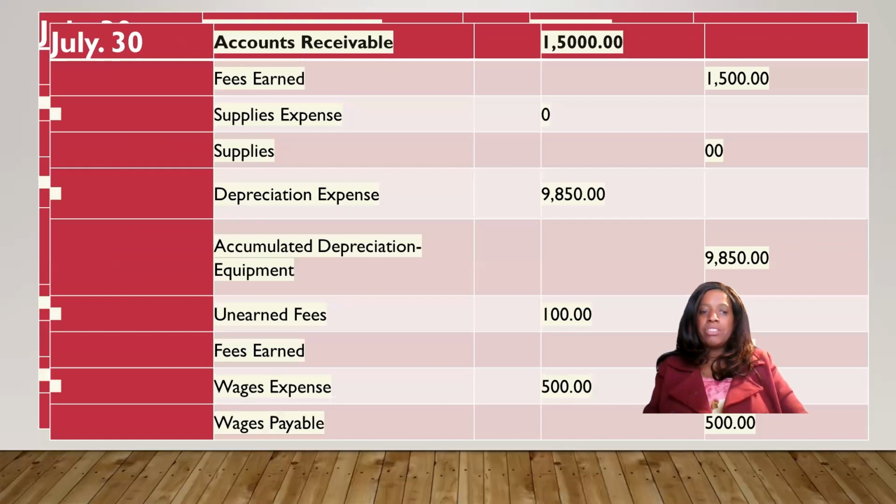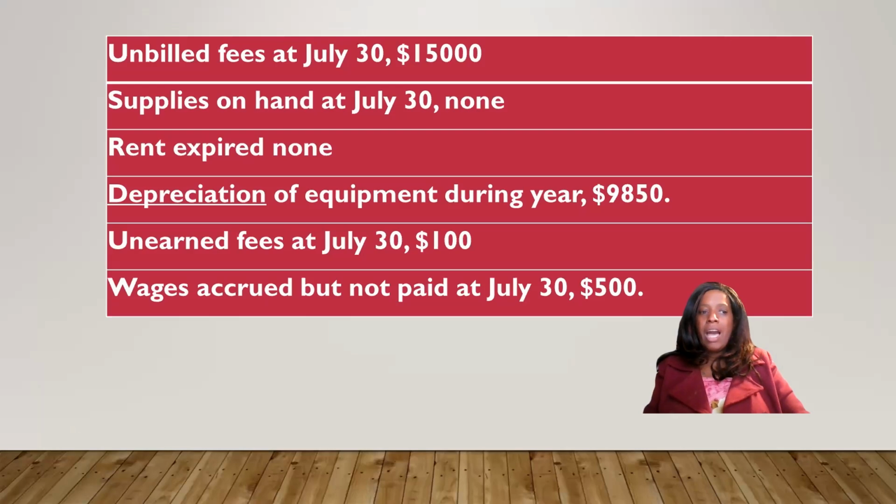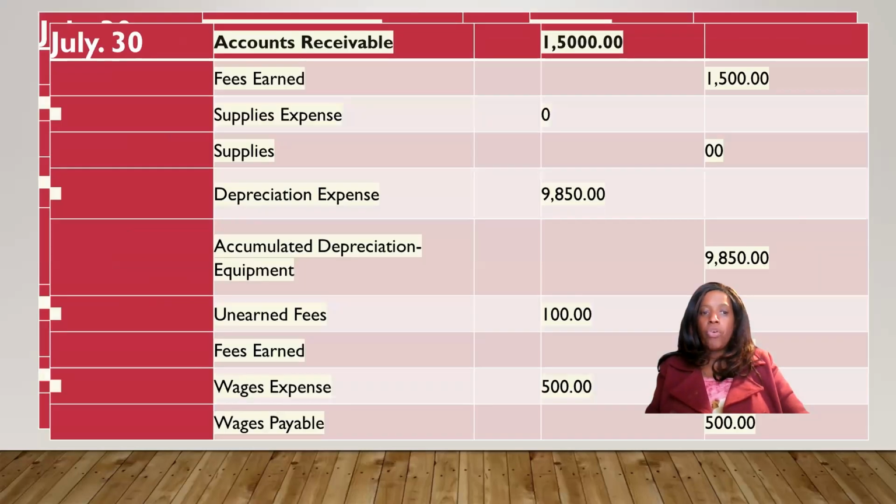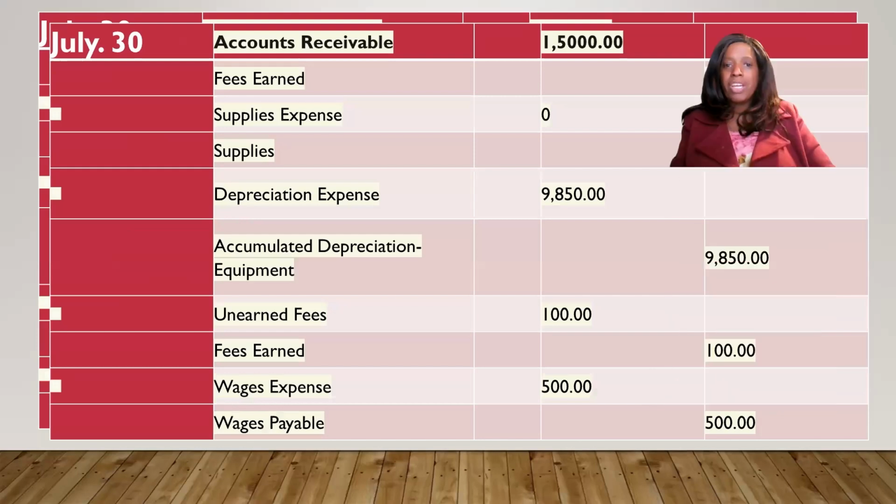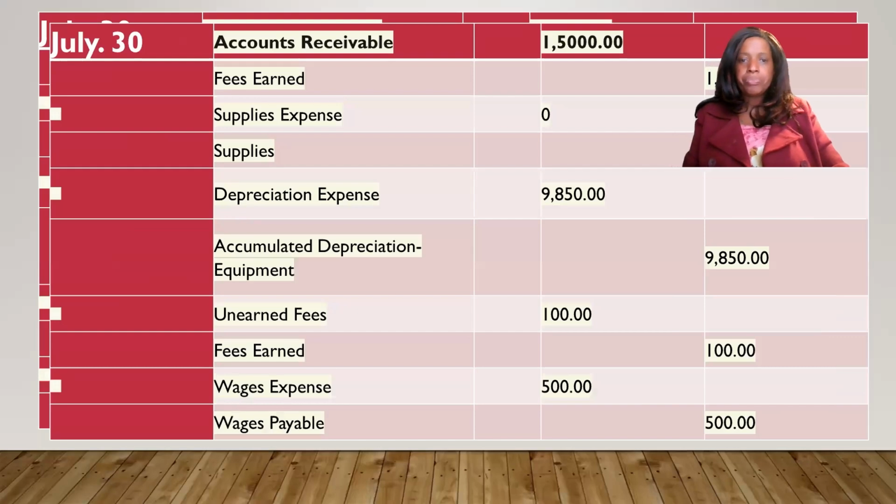Now let's go back to the slide. We have unearned fees for $100. And how do we record it? We would record it as a journal entry, unearned fees $100, and then fees earned for $100. Everybody sees that? Thank you. Now, let's look at wages payable.